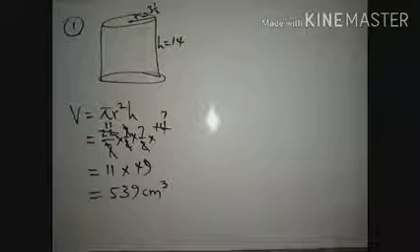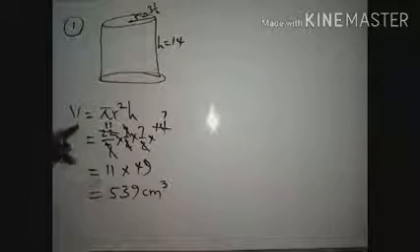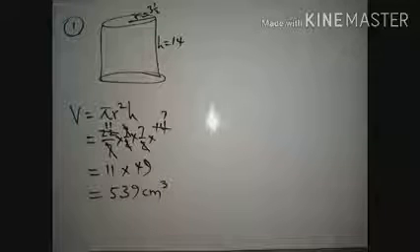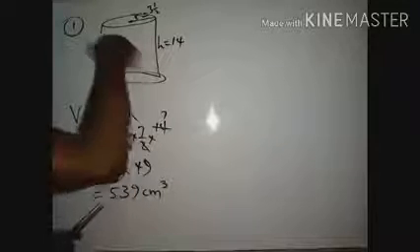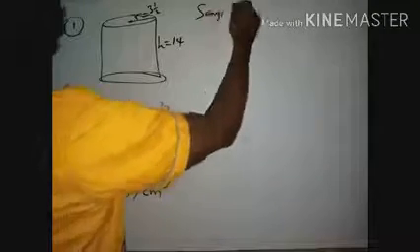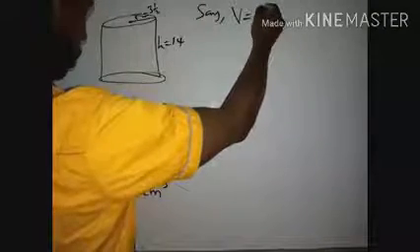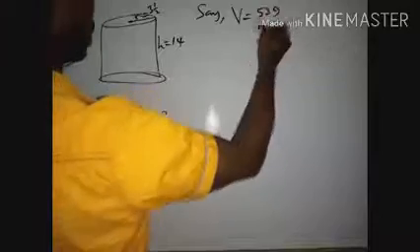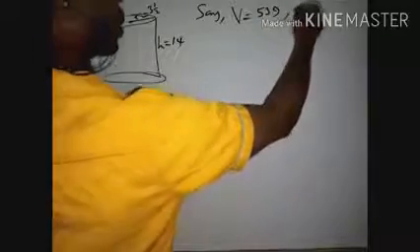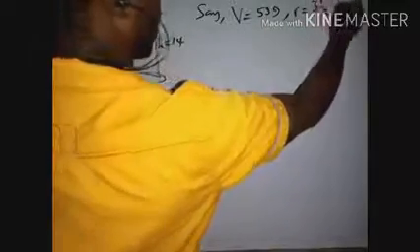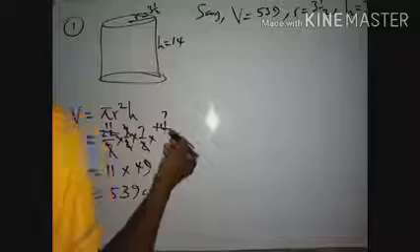And please do not forget that they won't always bring the question like this. Sometimes they can give you the volume and ask you to find the height. For example, let me rebrand this question. Say that you are told that the volume equals 539 and the radius equals 3.5, and you are asked to find the height, and it's a cylinder.